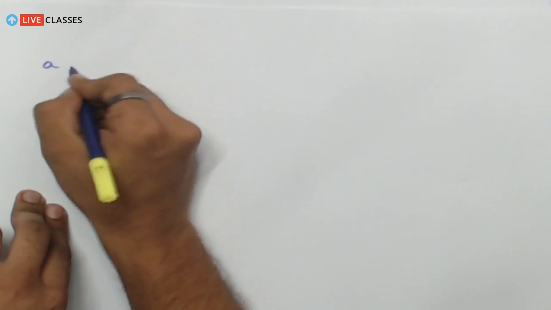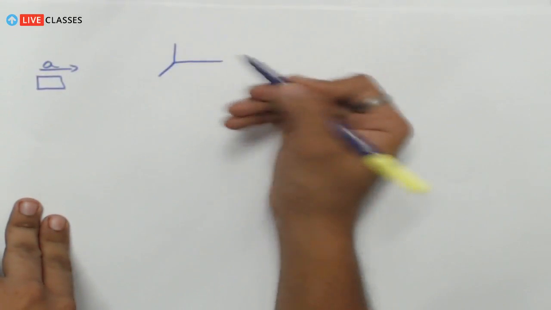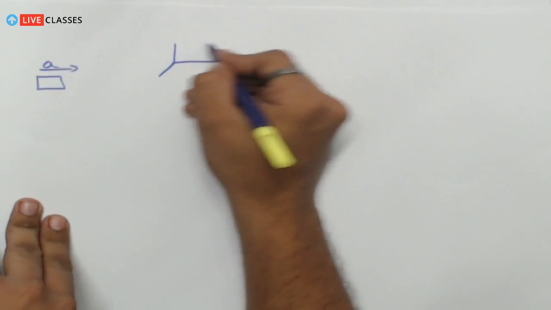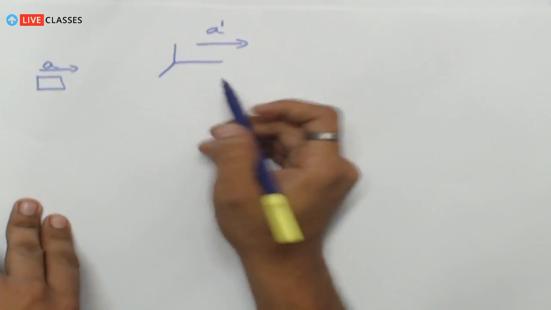So how do you find the acceleration of a particle with respect to another frame? Suppose a particle is here with an acceleration a, and this frame has an acceleration of a dash.